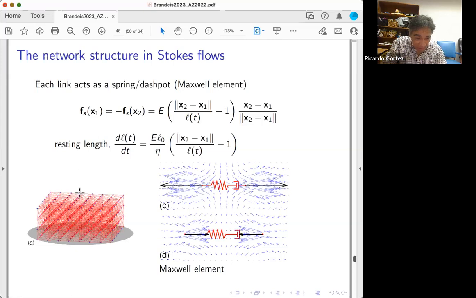And in fact, they're not just Hookean springs, they're Maxwell elements, so it's a spring and a dashpot combination. So if you stretch this element, the dashpot opens up and eventually the resting length changes. So we mimic that by, so this is like a Hookean force for the spring, but the resting length of the spring also changes as you stretch it.